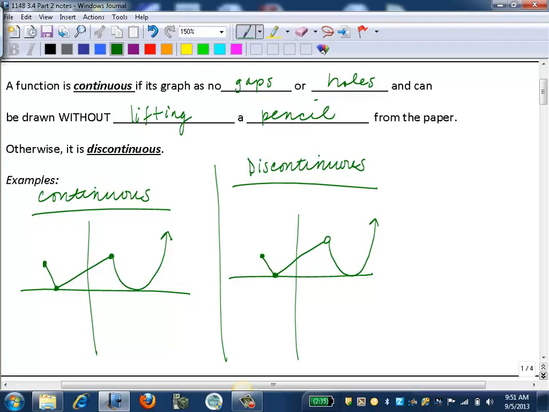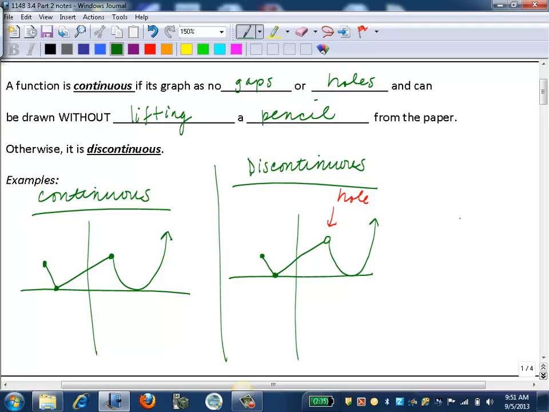It doesn't exist at this hole, which we indicate with the open circle. So because of this hole, if we were to sketch this or trace it left to right, we would have to lift our pencil here because there's a hole punched out and then just continue on to the right. So that's an example of a discontinuous function. Punch a hole out of it.